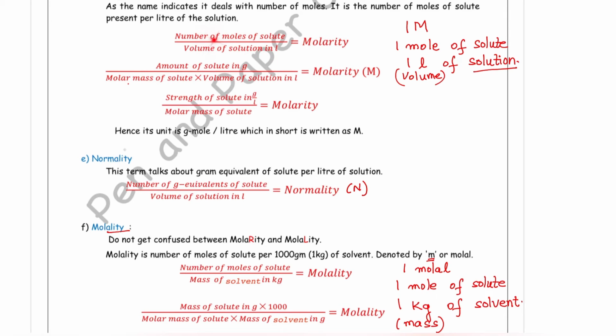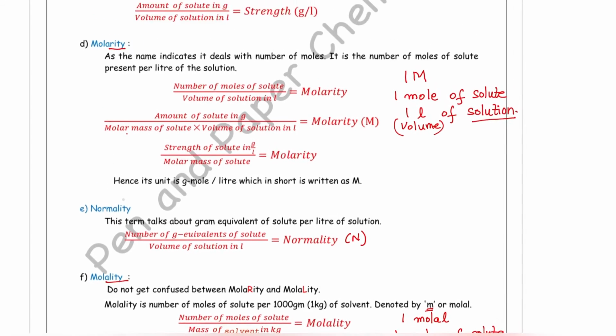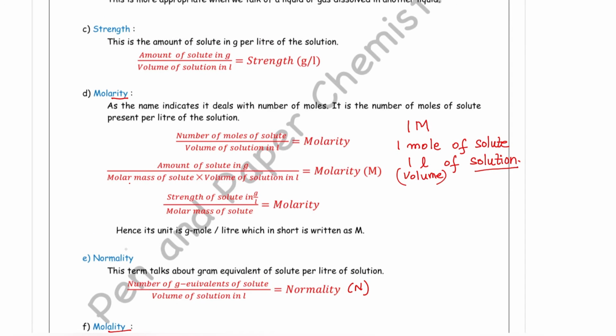Now, number of moles, we've done earlier, is the amount of solute in grams divided by the molar mass of the solute, and the volume of the solution in liters remains in place. Amount of solute in grams divided by volume of solution in liters. What does this remind you of? Yes, strength in gram per liter.